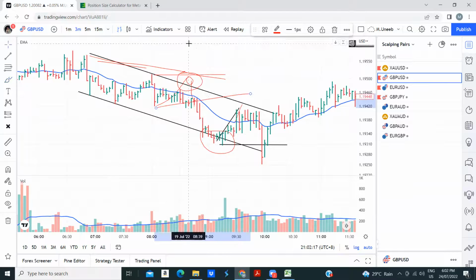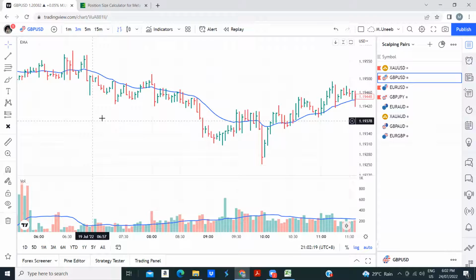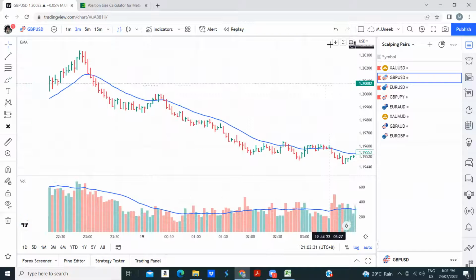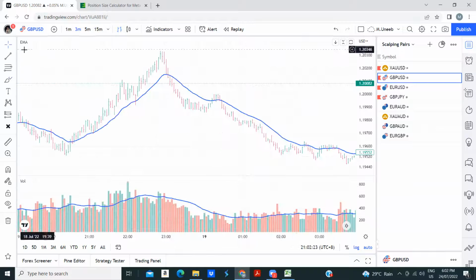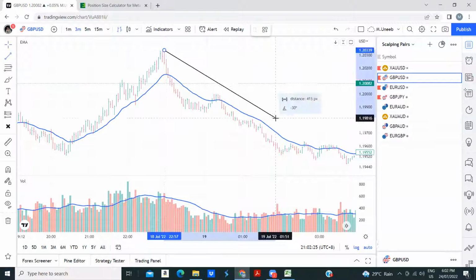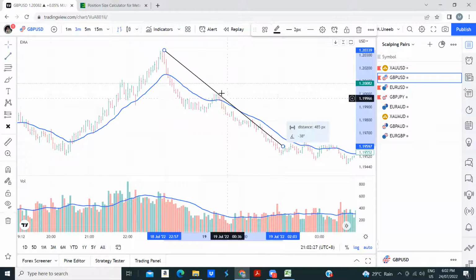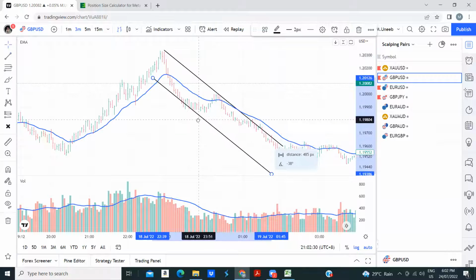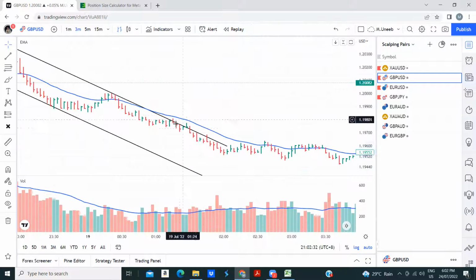Got it? Yeah. So readjusting a channel is very important. For example, this one here. What do you see? You have a channel. What happens here? The price is coming outside, right? So it means this needs readjustment.